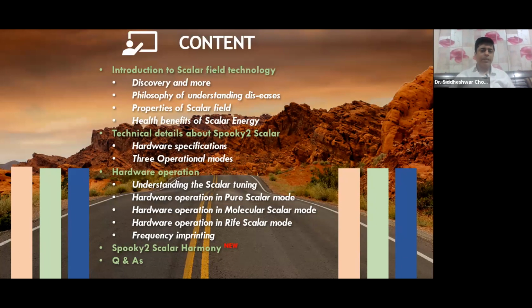Finally, we'll be discussing the new accessory the Spooky team has introduced, called Spooky2 Scalar Harmony. We'll learn how to operate and use it, and then finally we'll get into the common question and answer sessions.